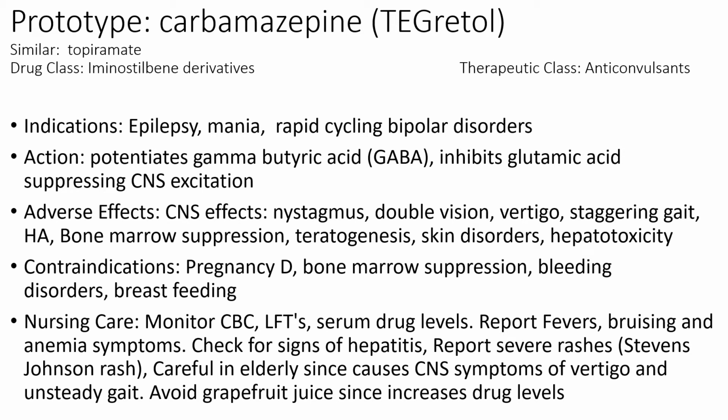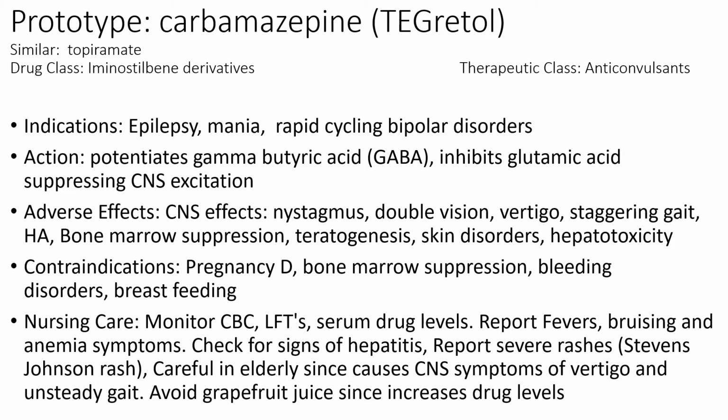We're very careful with elderly patients with carbamazepine because of its CNS depressant effects and the risk of falling and breaking a hip or having a head injury. Okay? And lastly, carbamazepine is in that grapefruit list where it will elevate levels of carbamazepine if grapefruit juice or grapefruit is consumed. Okay, we'll have to make a whole page of the list of grapefruit juice since it seems to be a popular item.